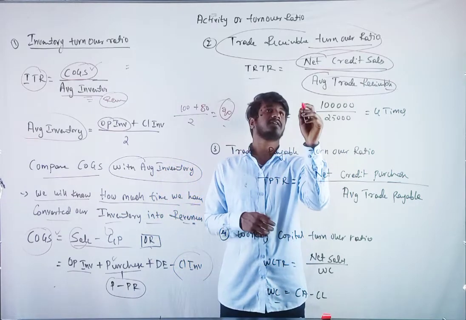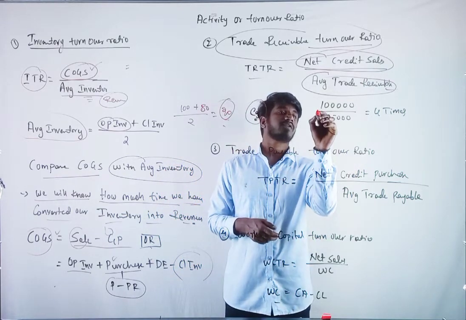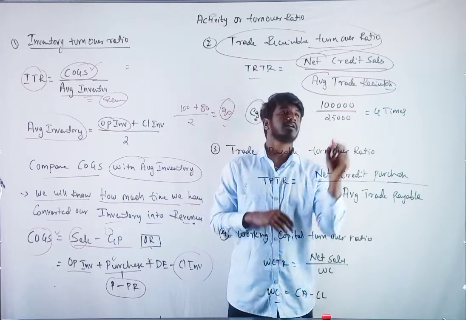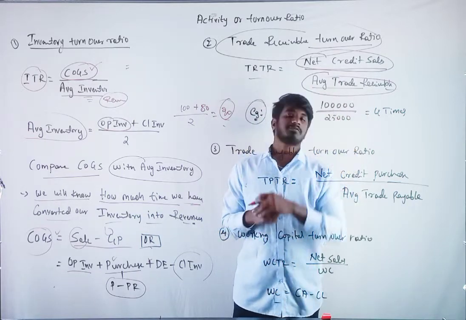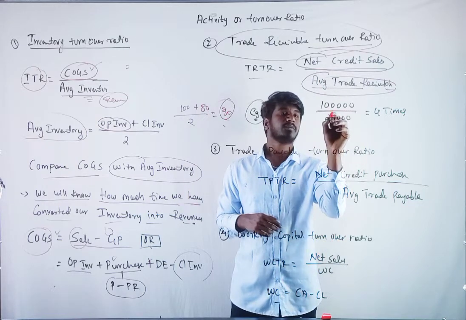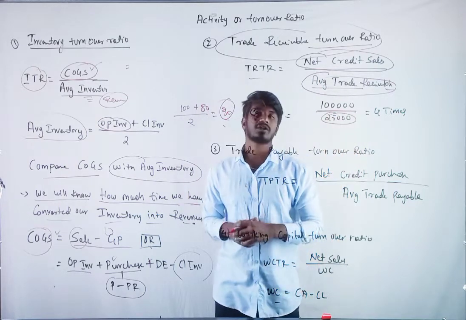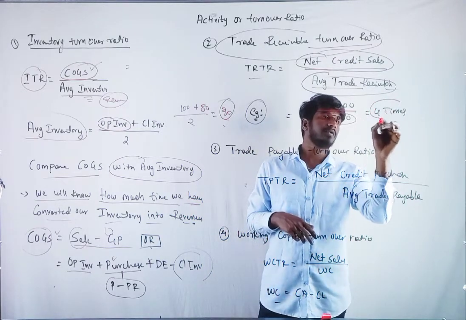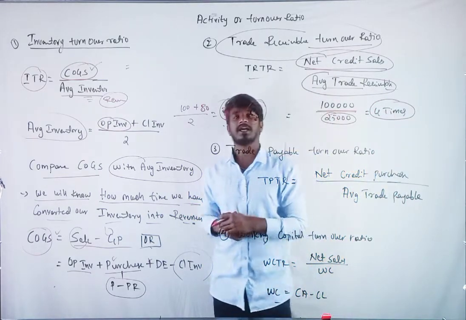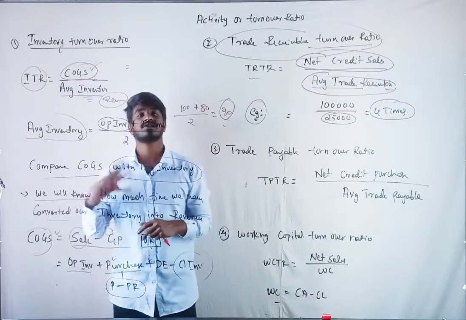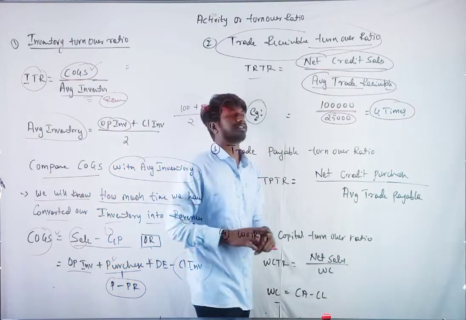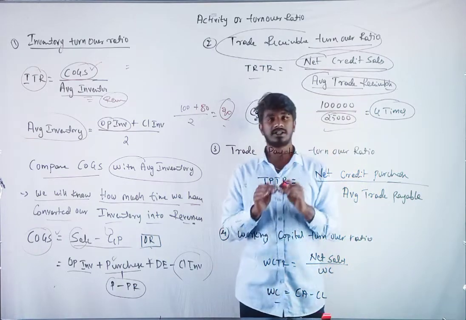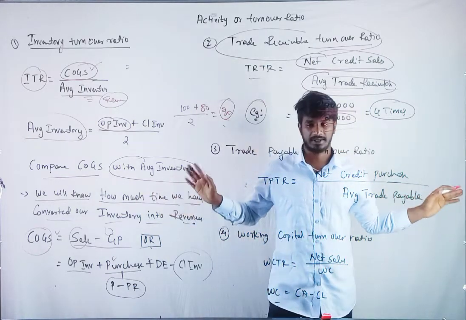For example, if you sold 1 lakh rupees worth of goods on credit, and on average you receive 25,000 at one shot, that means you will receive 4 times in a year.